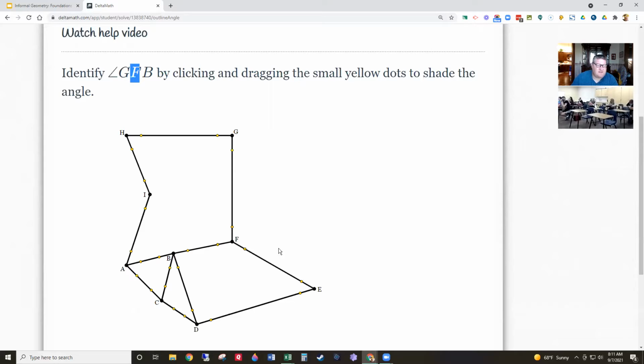So F has to be in the middle of the angle. So G to F to B, GFB. So that would be this angle right here. And it's important to note that I can't just do BFG or GBF.